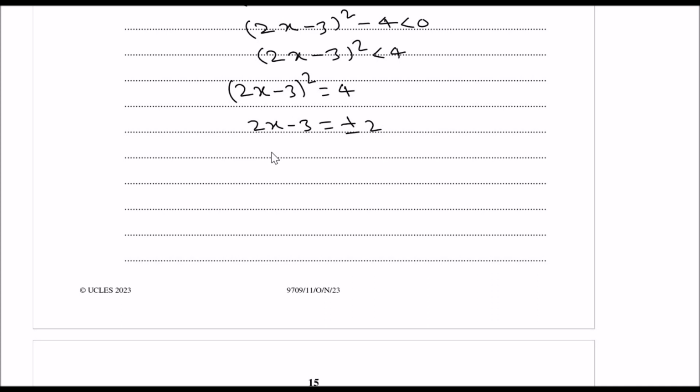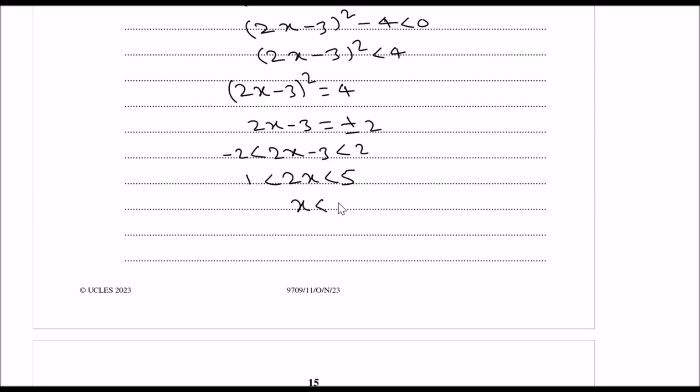That also can be written as −2 < 2x − 3 < 2. If you solve this, we add 3 to each part. So 3 + 2 is 5, and −2 + 3 gives us 1.